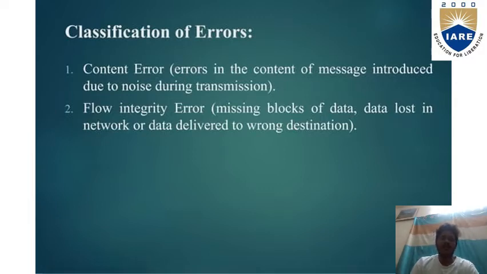Flow integrity error, in missing blocks of data, data lost in the network or data delivered to the wrong destination. This is about classification of errors. This is going to be very important if the data is delivered to the wrong destination.